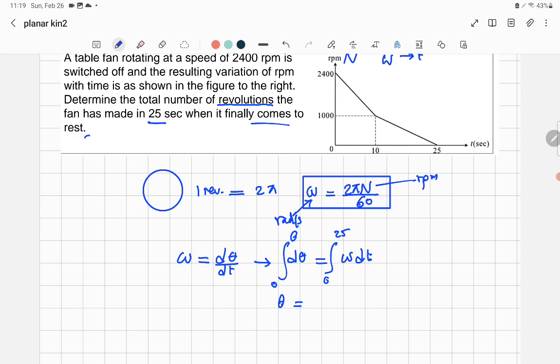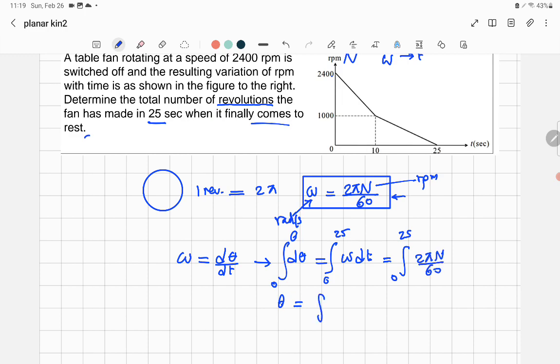But what do we have here? Omega has a relationship with N. So we integrate from 0 to 25 seconds, and omega we just got from this equation is 2 pi N over 60.